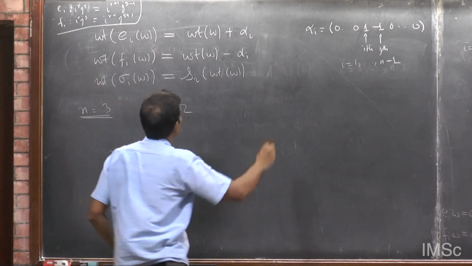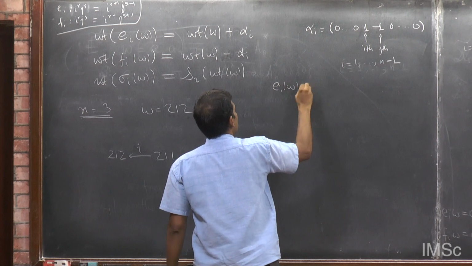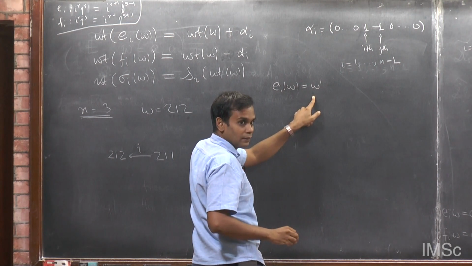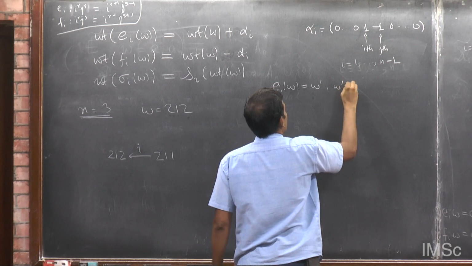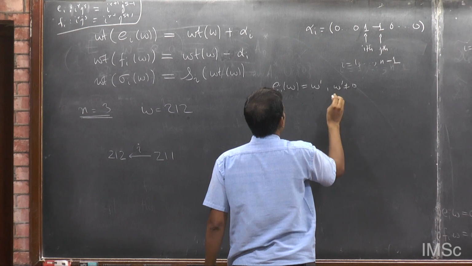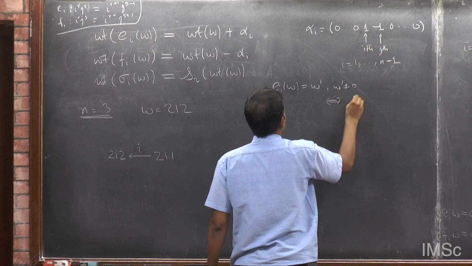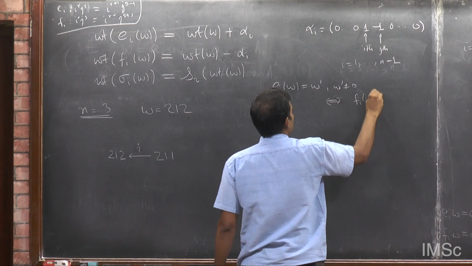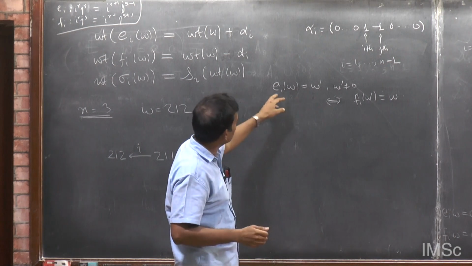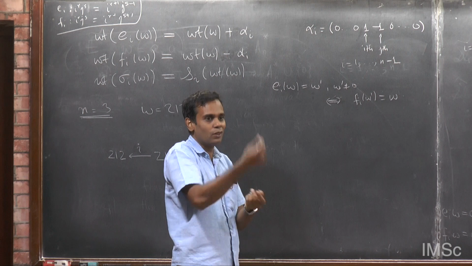I should probably say this also, that E_i W equals W prime and not 0. Then this is equivalent to F_i of W prime equals W. You can think of E_i and F_i as not really functions, because sometimes they are not defined.